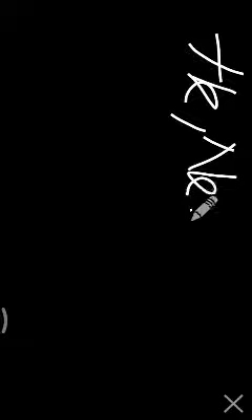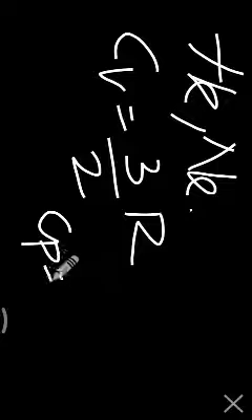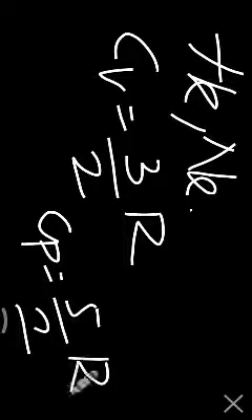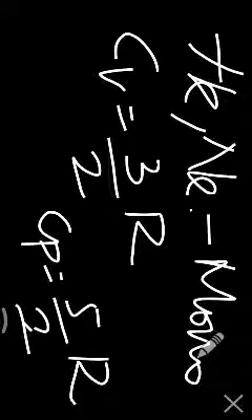For monoatomic gases like helium, neon, argon, Cv is equal to 3 by 2R and Cp is equal to 5 by 2R. See carefully, helium, neon type monoatomic gases, Cv is equal to 3 by 2R, Cp is equal to 5 by 2R.